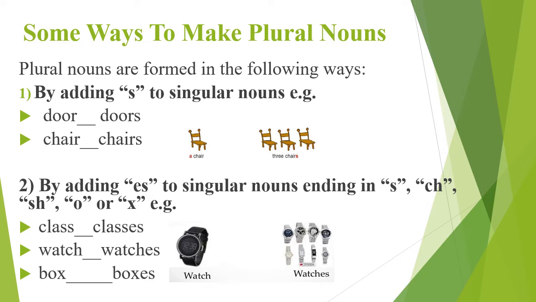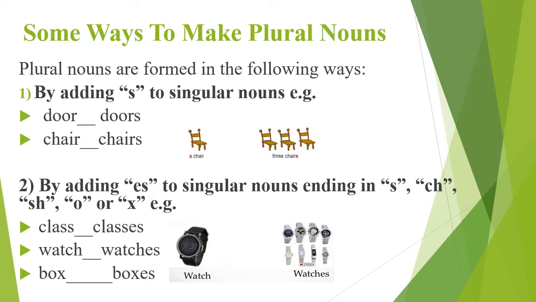The second way to make plural nouns is by adding es to singular nouns that end in s, ch, sh, o or x.